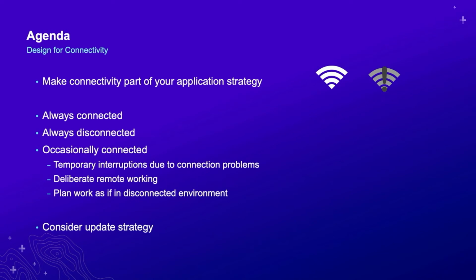Are my users always disconnected? Are my users occasionally connected? And if they're occasionally connected, how is that connection made? Is it temporary interruptions that they don't really have much control over? Is it deliberate, I'm going offline tomorrow and I need to get my data on my device?